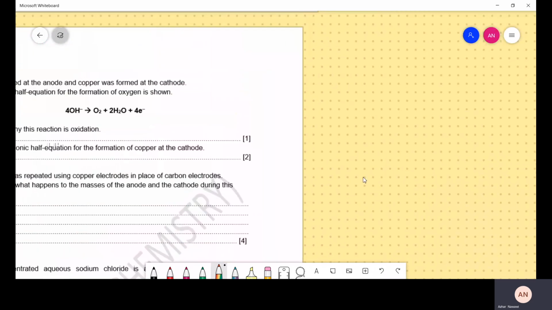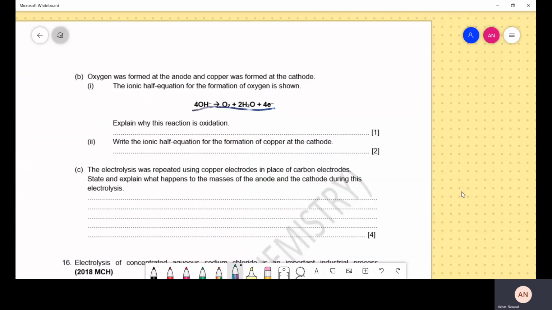For the next part, oxygen was formed, and they give you the half equation. The reactant loses electrons. So we arrange back: anode, cathode; oxidation, reduction. So anode, oxidation; cathode, reduction.